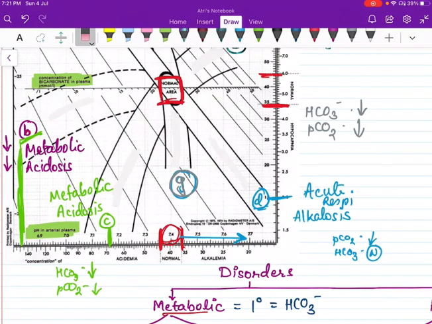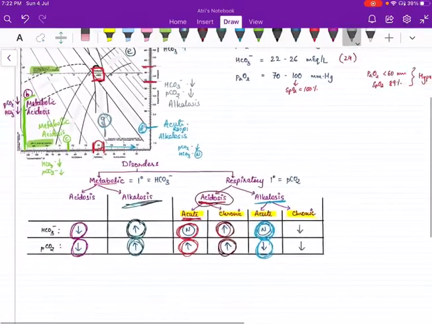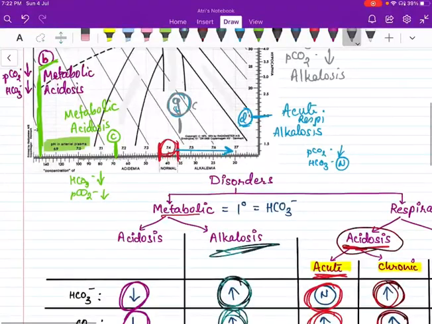Now in conditions like this, usually we have to rely on clinical history or the value of pH which is given in the question or clinical condition of the patient. But let's say this is towards alkalosis side. So this is alkalotic condition where bicarbonate is reduced and PCO2 is also reduced. So alkalosis where bicarb is reduced, PCO2 is also reduced. So our point G is our chronic respiratory alkalosis.